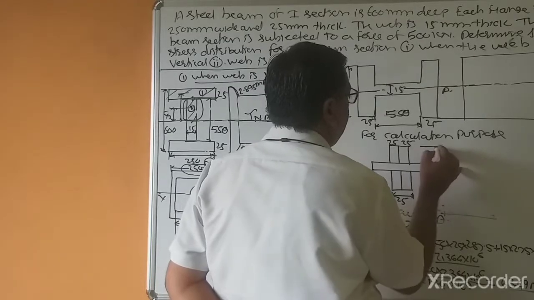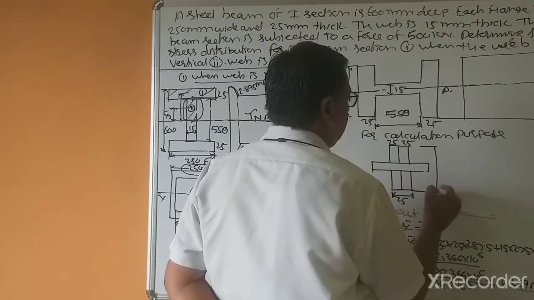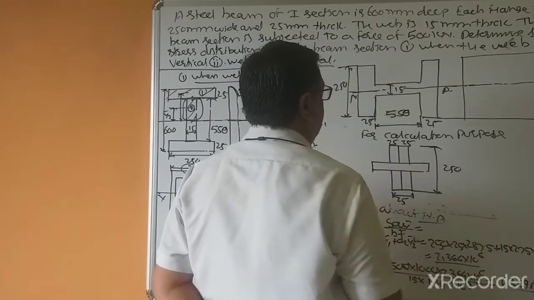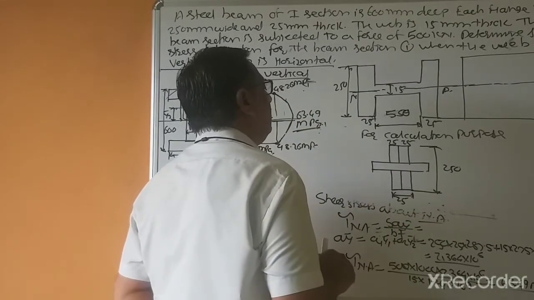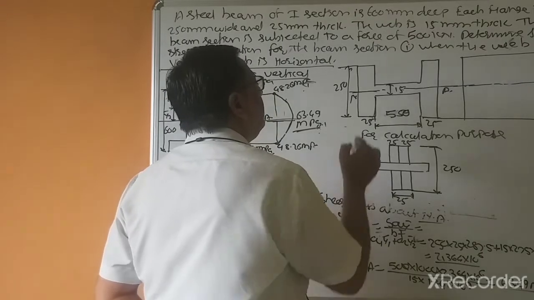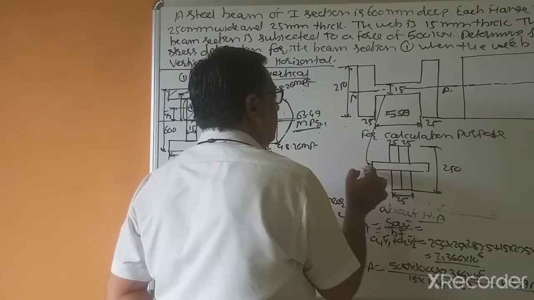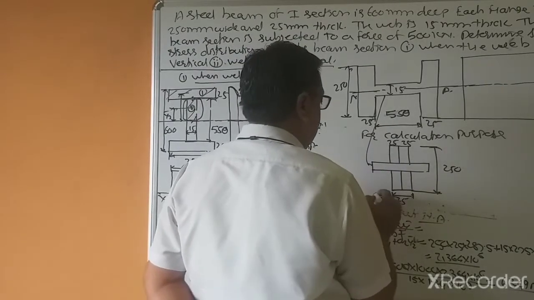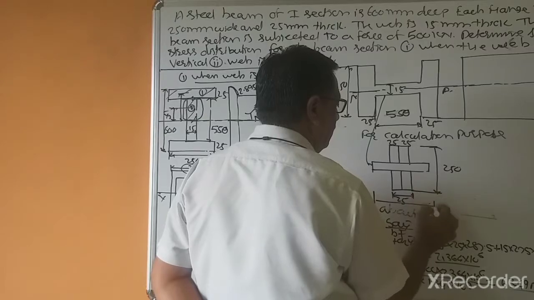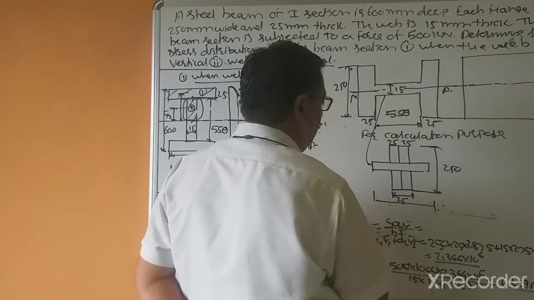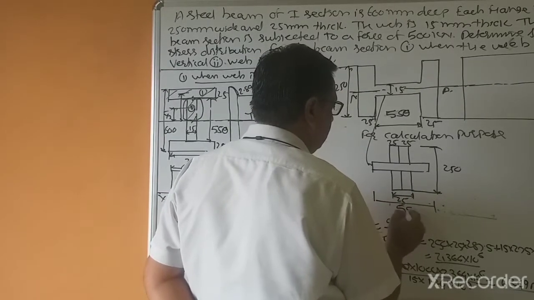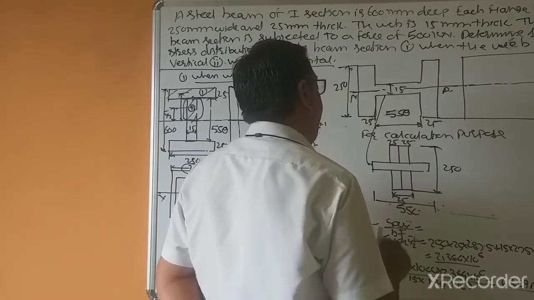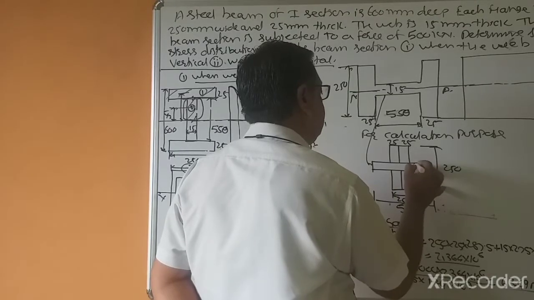And this is overall 250. And this is wave. So that's why wave equal to this part equal to only 550. And this is 15.